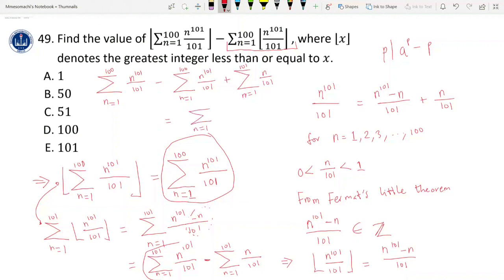This is just 1 over 101 times 1 plus 2 plus up to 100, which is equal to 1 over 101 times 100 plus 1 times 100 over 2. So 101 cancels and I have 50, and 50 is our answer, so option B.